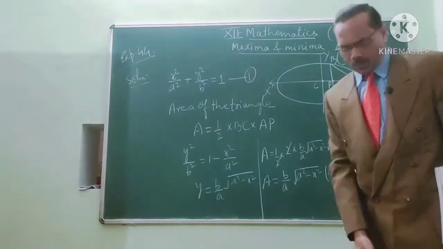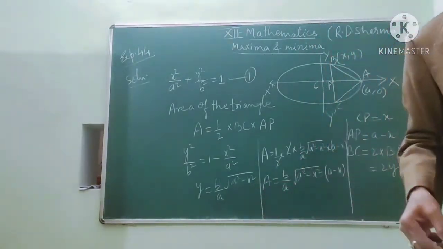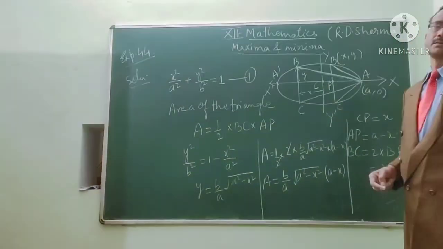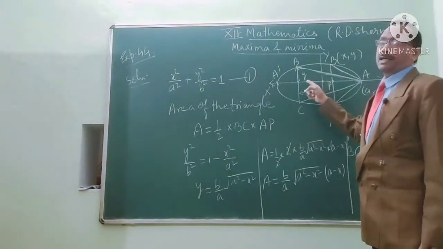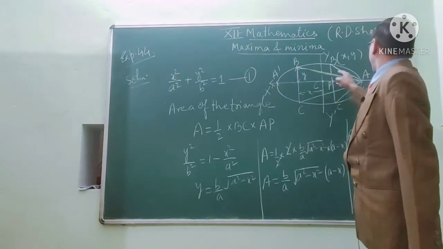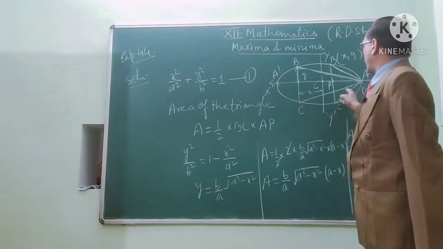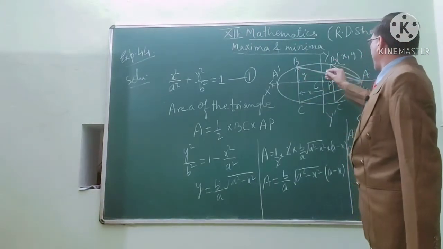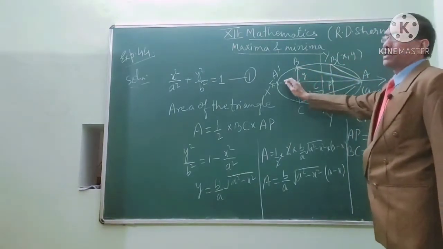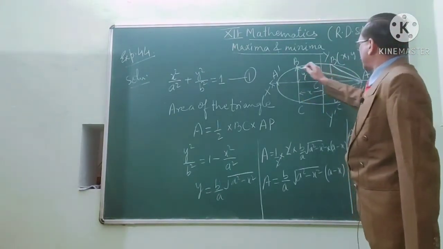Now we will make the square. Student, we can take the isosceles triangle like this also. It may be along this side or along this side. So both conditions are correct.